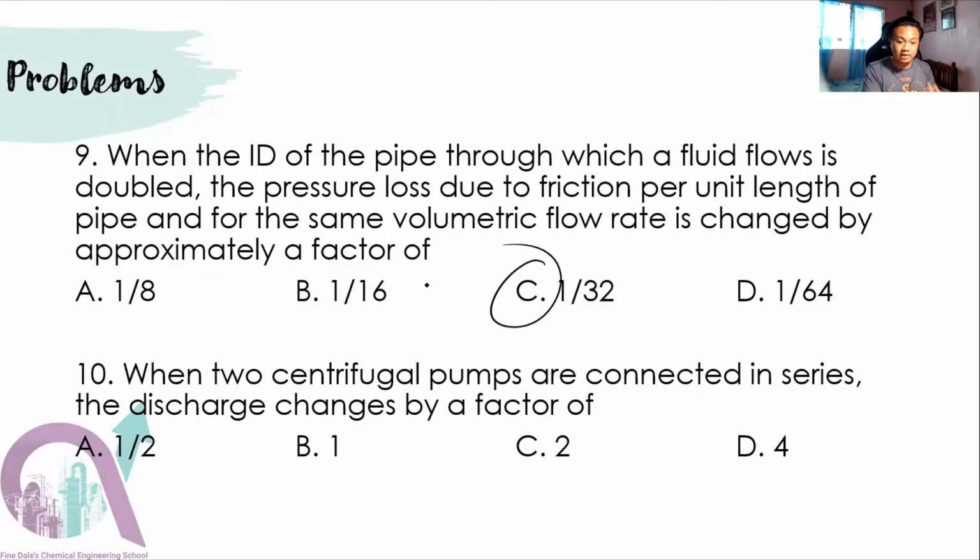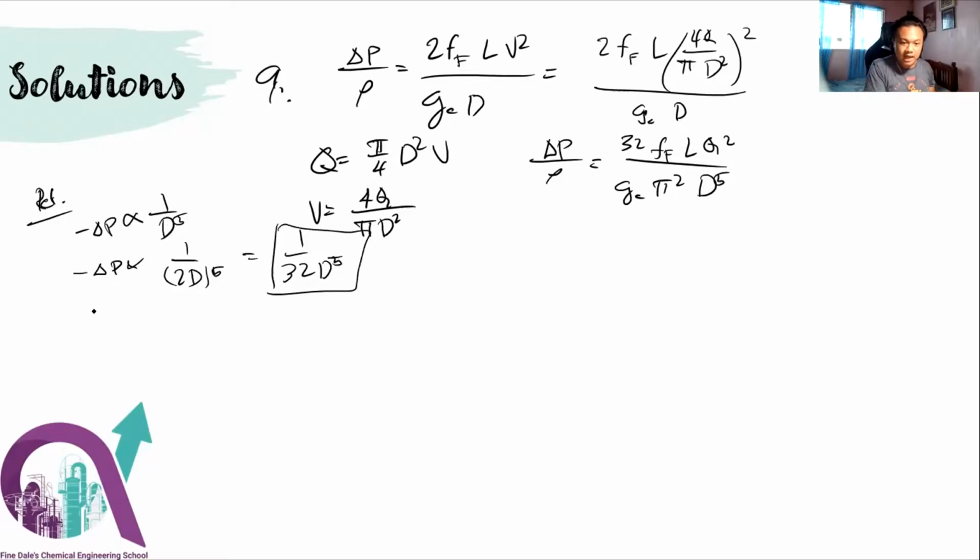Okay, so number 10, when two centrifugal pumps are connected in series, the discharge changes by a factor of what? So if connected in series, this is what I have shown you in the previous videos. Kung pumps in series gani, the volumetric flow rate is the same for both.